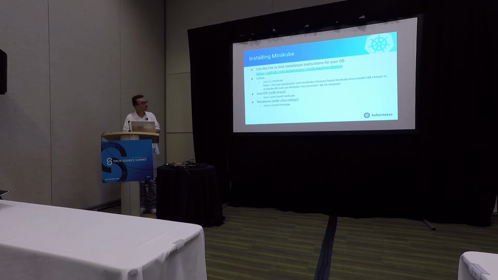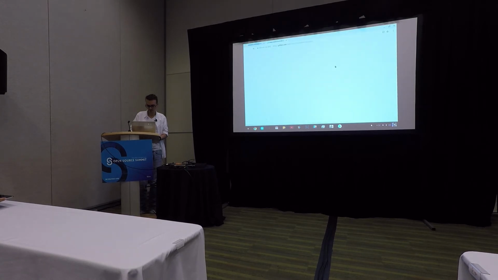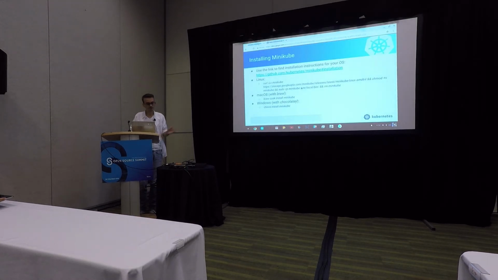On this slide, you may see how you can install Minikube on your local machine. I'll open this link here. On the slide, again, you may see a pretty complicated line for installing Minikube on Linux.